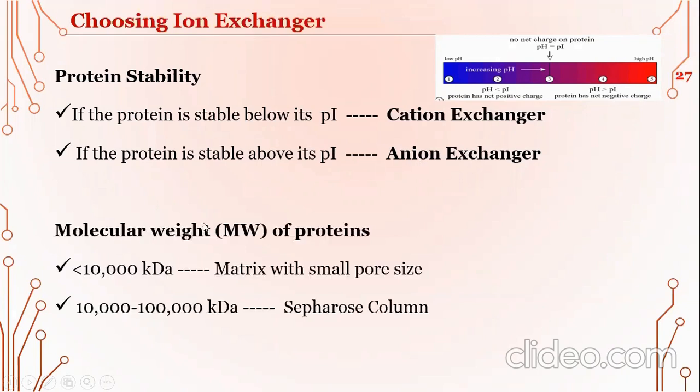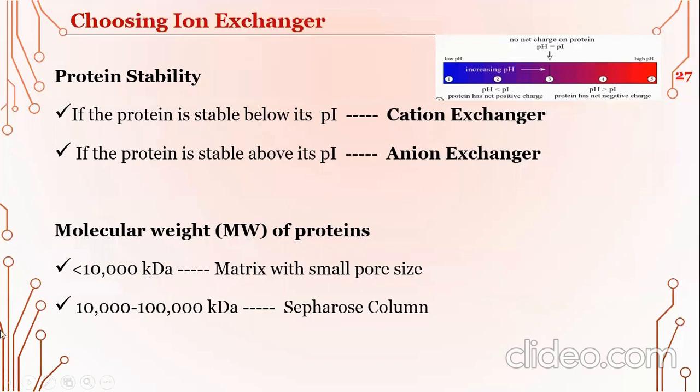And also the molecular weight of the proteins. For less than 10,000 kilodalton, a matrix with small pore size will be used. This will not be kilodalton, I will confirm this. This may be dalton actually.